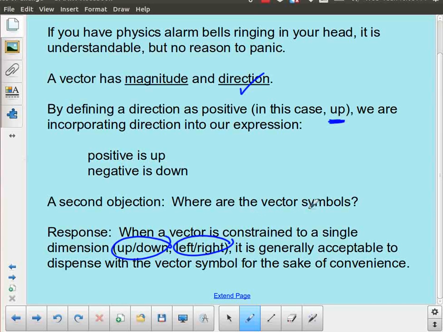As far as the vector symbols go, sometimes, just for the sake of convenience, it's like what I was saying about writing out those limit statements all the time.